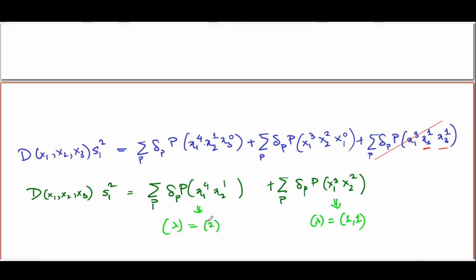Here we are talking about the partition 2, which is of course 2 plus 0, and so only 2 gets added to this power of x1. And here we are talking about the partition 1, 1 of 2, and that means powers of both x1 and x2 have gone up by 1. We need to carry out one more step, that's going up to s1 cube. And here, we are going to simplify our notation a lot more.